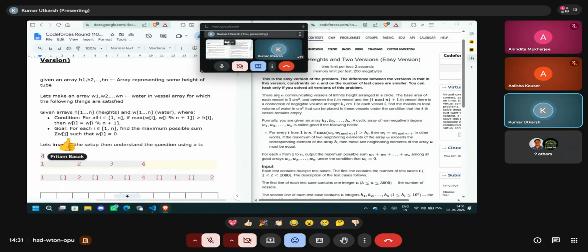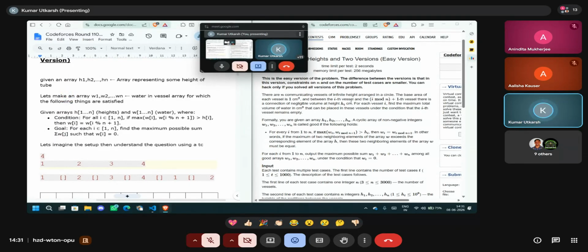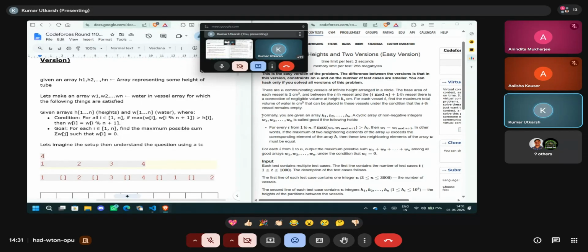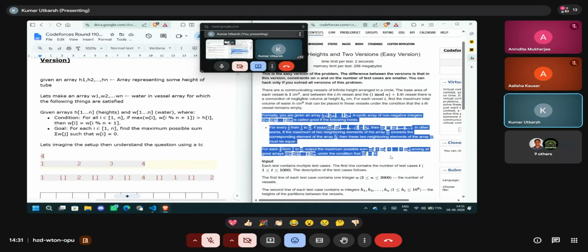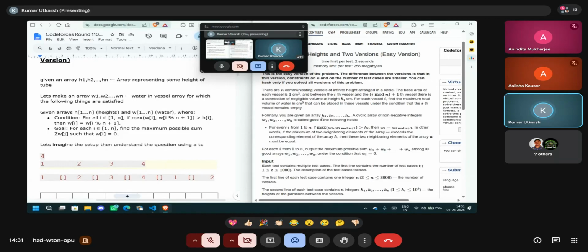So let me read out the question. This is the easy version. Don't consider it. The main question starts from here. You are given an array of heights h1, h2 till hn. A cyclic array of non-negative integers w1, w2, till wn is called good if the following holds for every i from 1 to n: if the maximum of two adjacent weights is greater than the height of that tower, then the adjacent weights will be equal.